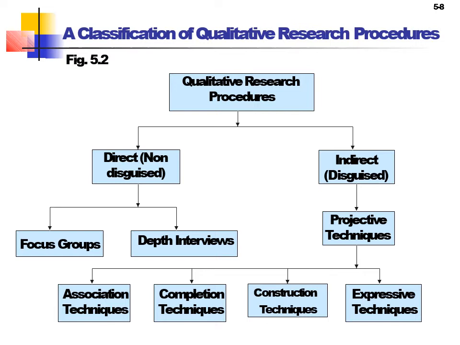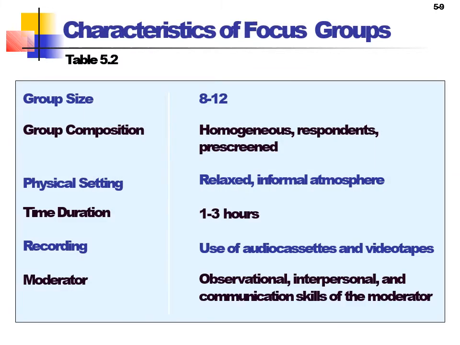We are going to discuss the direct procedures in this video, and the indirect we'll discuss later in another video. The focus group. The focus group is a discussion among a group of people about a topic to gather their opinions that can be used for future research.